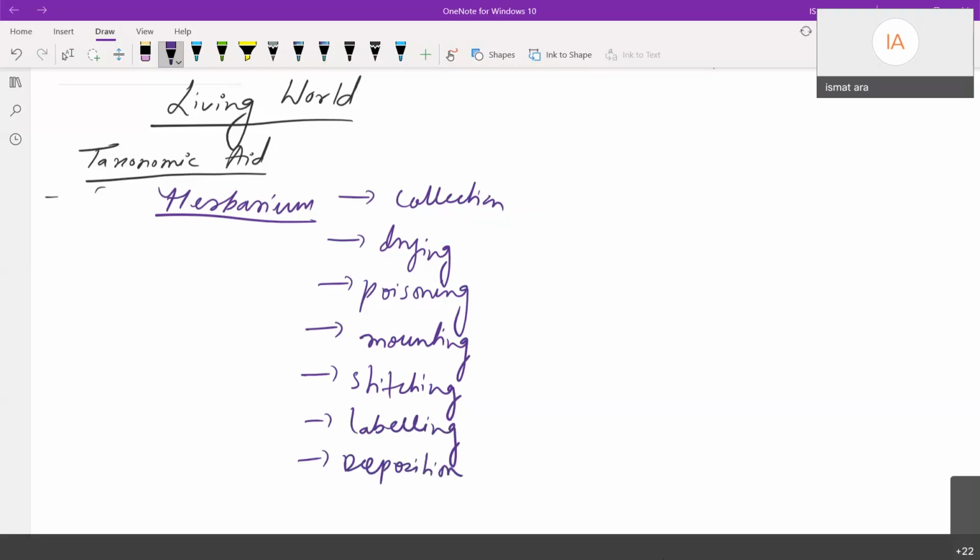These are the steps while preparing a herbarium. So one by one, I will go through the steps.